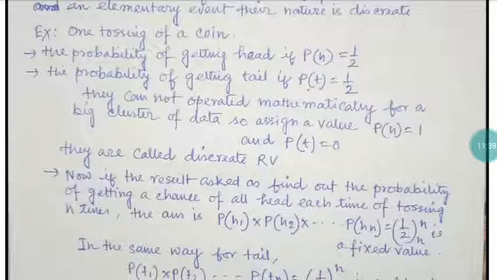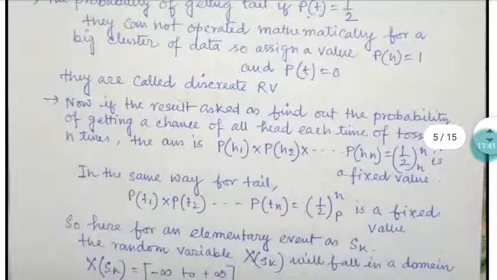In the same way, for tails, if you take P(T1), P(T2), P(T3), and so on up to P(Tn), considering only heads, the total number of trials for n tosses gives an output of (1/2)^n for P. It is a fixed value.